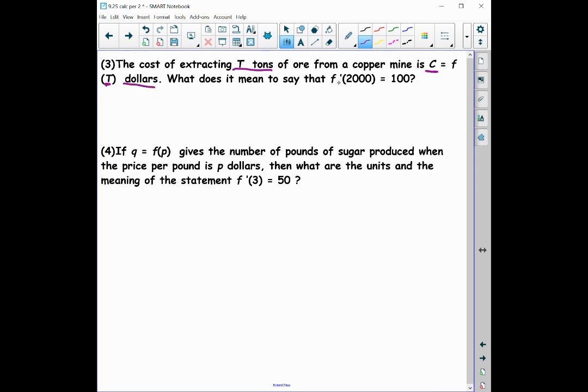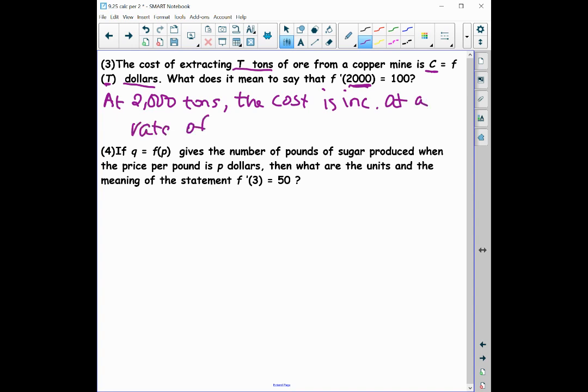What does it mean to say that F prime of 2,000 equals 100? If I look at the input, I know that's my tons. So at 2,000 tons, at that moment, the cost is changing at a rate of, in this case, I'm going to switch it up and say increasing at a rate of 100.